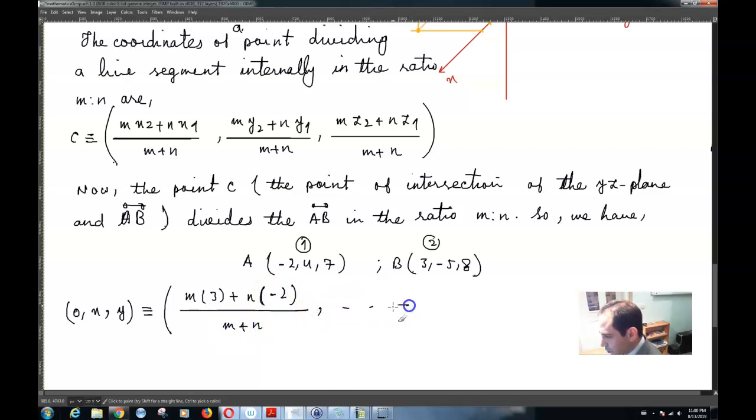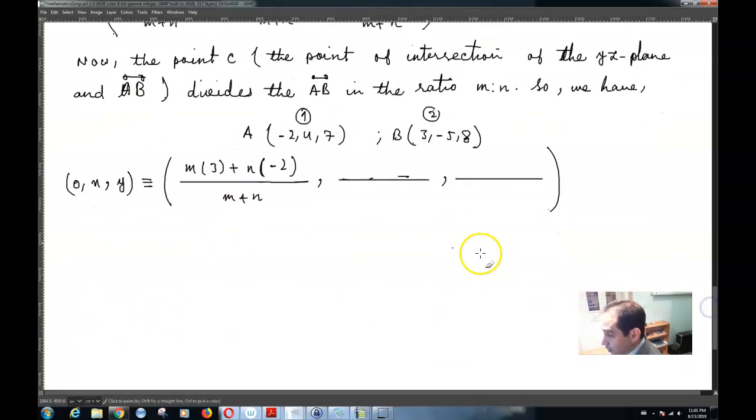And then you have the other coordinates here, which would complete point C. It's enough to have this part, because based on this equation, you can write 0 is equal to 3m minus 2n over m plus n. Now if this fraction is equal to 0, that means that 3m minus 2n is equal to 0.